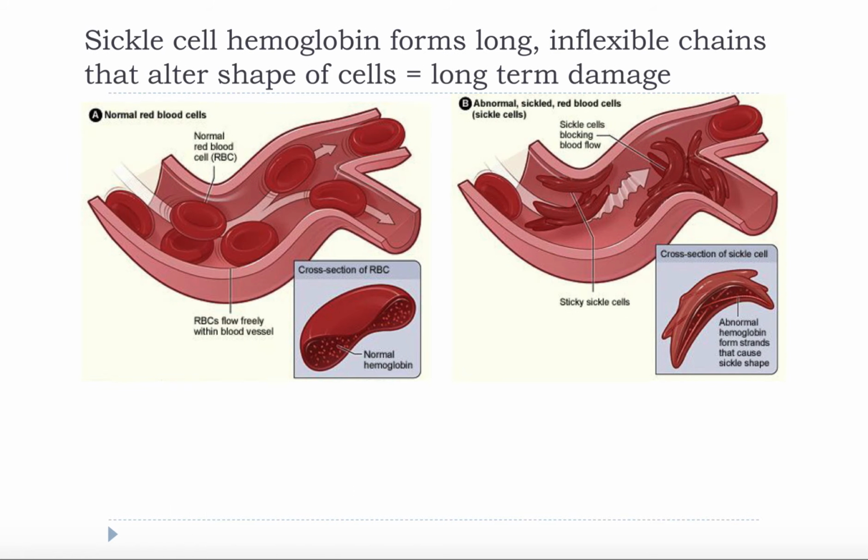So it achieves this abnormal sickle shape, and that shape makes the cell very thin and narrow, more likely to break up and more likely to clump up. This results in many of the symptoms of sickle cell: fatigue because of poor blood flow, a higher rate of strokes because your blood cells are more likely to clot, and a lot of blood vessel damage from backup in your blood vessels from these clumping red blood cells.